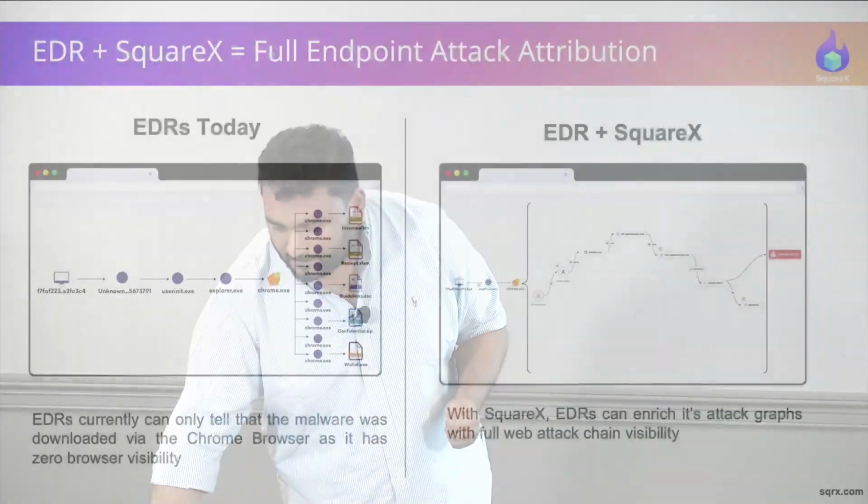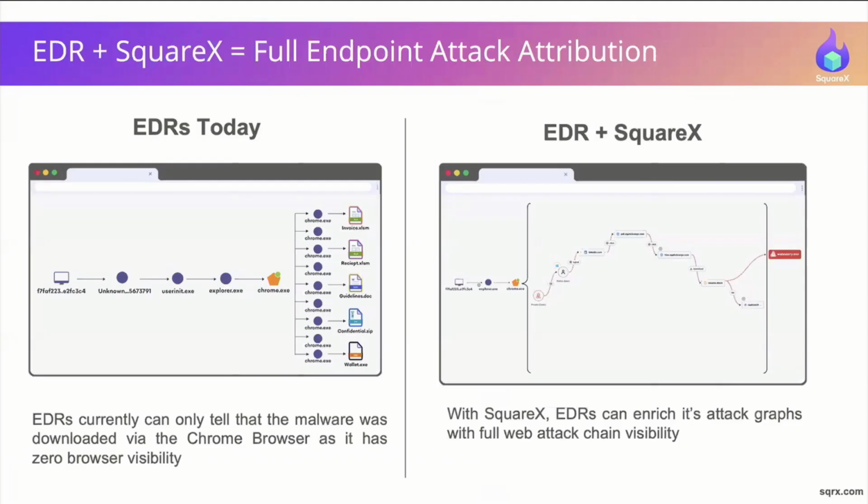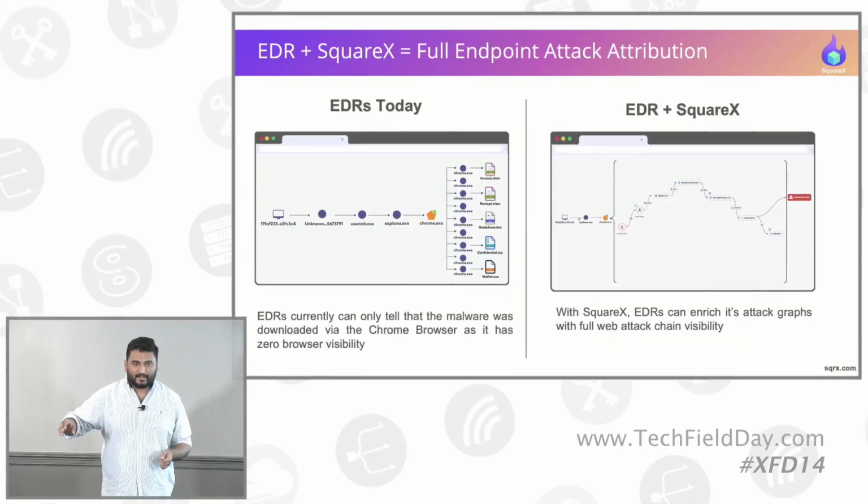Okay. So now we're going to look back on how SquareX can really complement EDR. So of course, there are things which we earlier talked about, which is things like identity-based attacks, extensions, and anything that happens within the browser. That's something that, of course, we can help out with. But anything that ultimately goes outside, like for example, a file download, right?